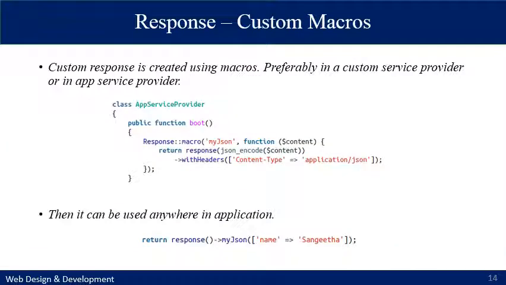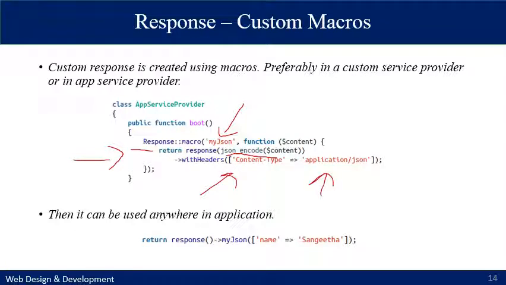You can also generate custom responses using custom macros, and you can define these custom macros in a custom service provider or an app service provider. Such as in this case, we have created a macro in the app service provider's boot method, and we have generated a response with a macro named myJSON, and we have converted this with the JSON encode method with headers, and the type of the content is specified as JSON.